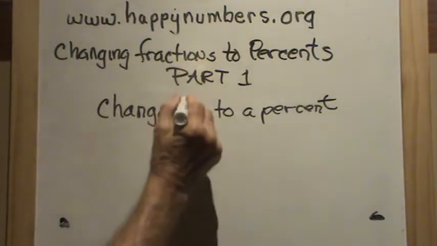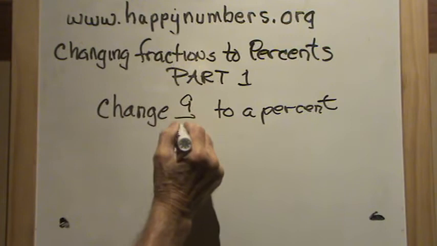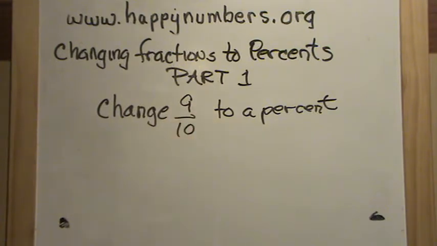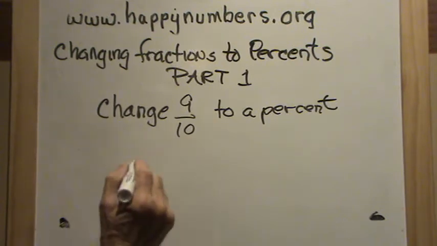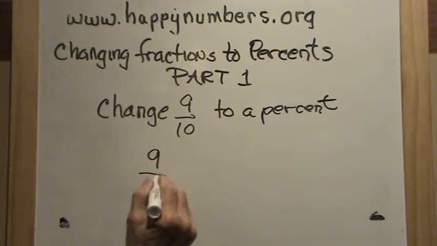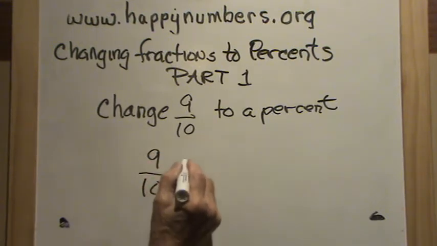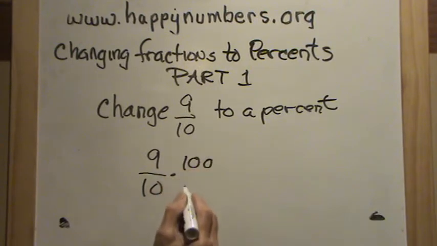Let's try this one. Change 9/10 to a percent. Well, we know that 10 will go evenly into 100, so we'll use the method where we multiply the fraction times 100, or 100 over 1.